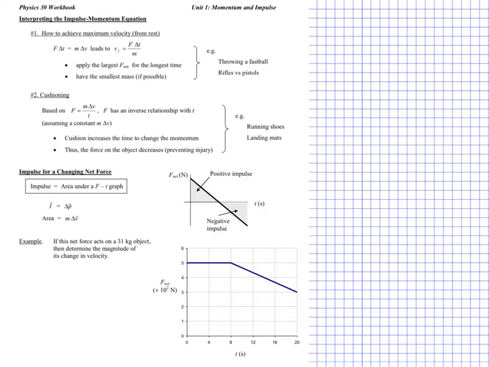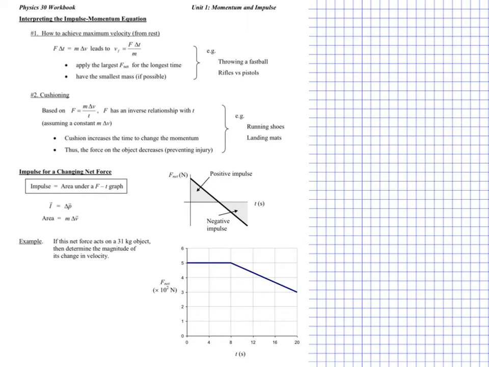So this means we can play around with this idea of increasing force, decreasing time, or decreasing time, increasing force in particular scenarios. We can play around with this formula, but basically to get the average force acting on something while it's changing momentum, you can just play around with this formula, and that's the general idea.